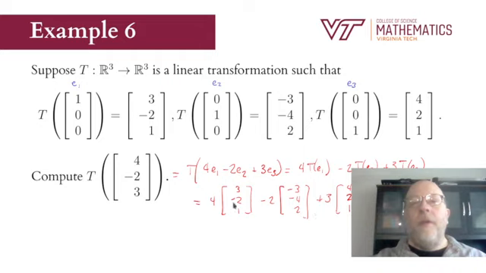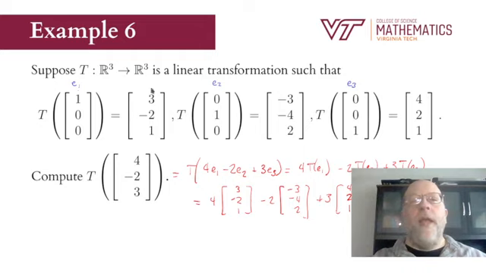In the middle row, we have negative 8 plus 8 cancels, plus 6 is 6. In the bottom row, we have 4 and negative 4 plus 3, and that's 3. And that's the result that we get when we plug this in.